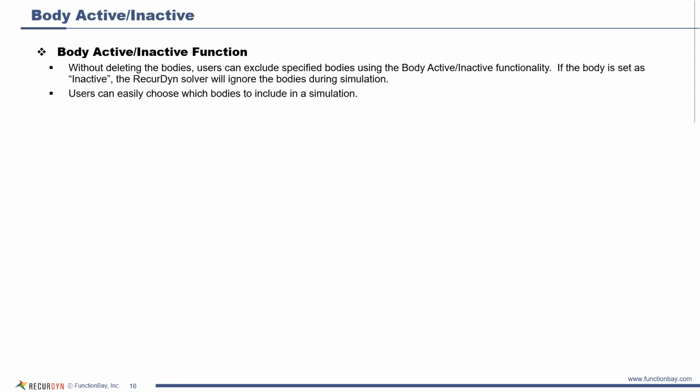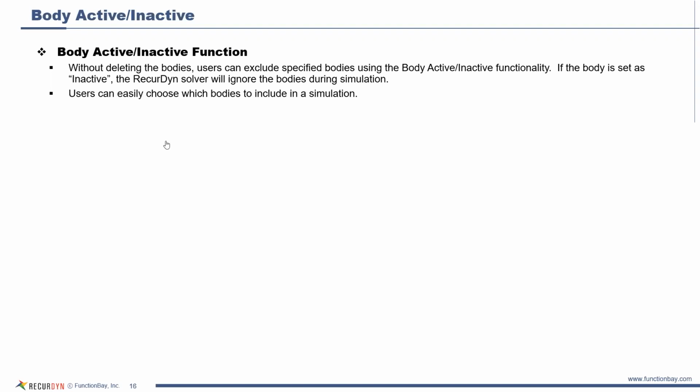Before, users were able to deactivate forces and joints, but now you can also apply this to bodies. And when you do this, that particular body will be ignored by the solver during the simulation, and it will also be grayed out in the modeling window.